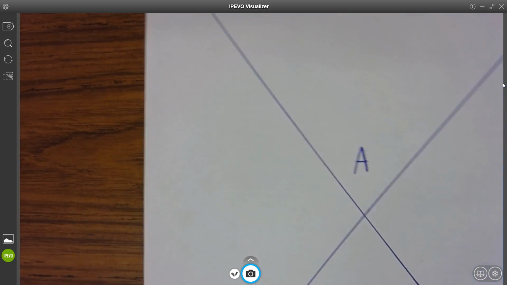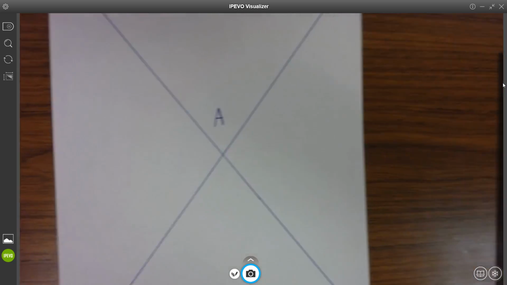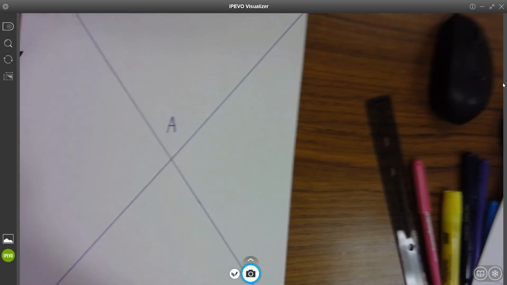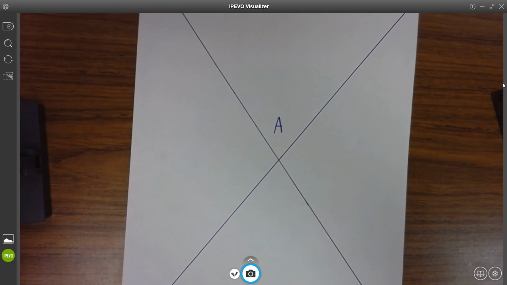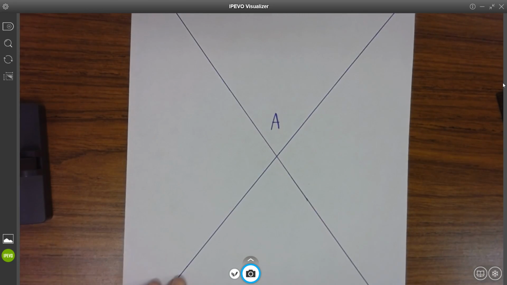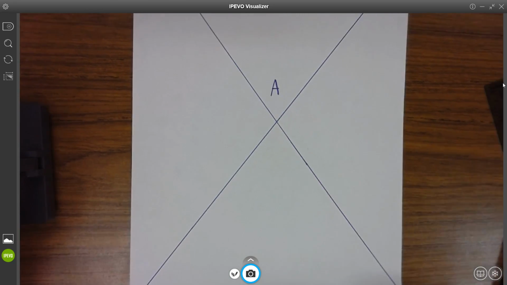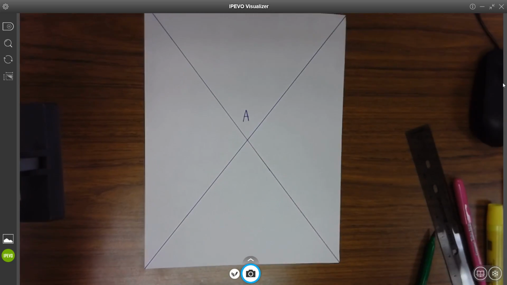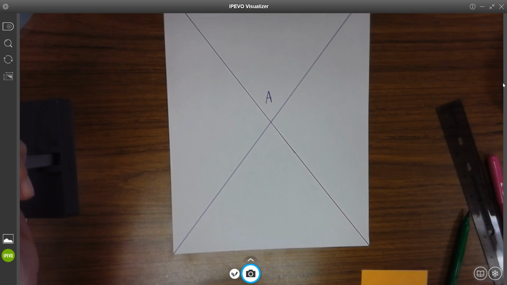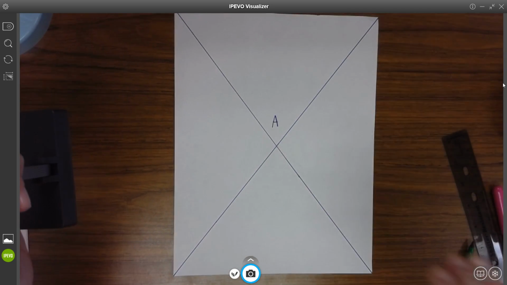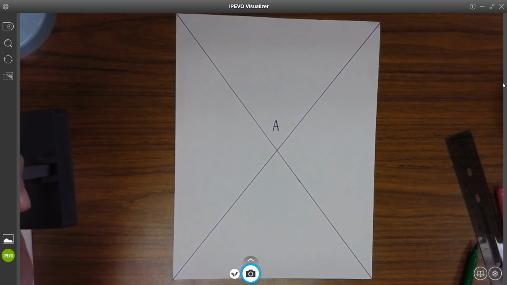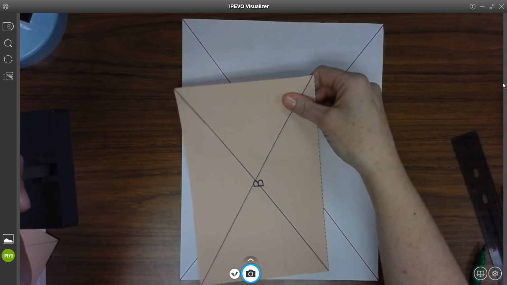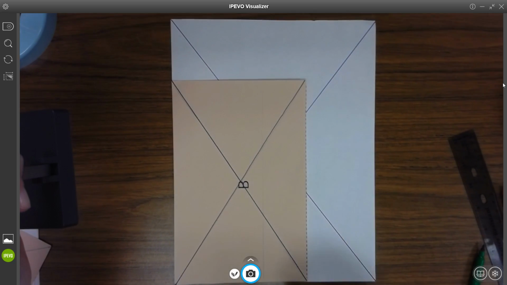So we started out, you didn't see A, but A was the full sheet of paper. I don't know if I can even get this up high enough. Maybe not. Let's do this. All right. So here's my full sheet of paper, right? And then we can take B, put that in the corner.